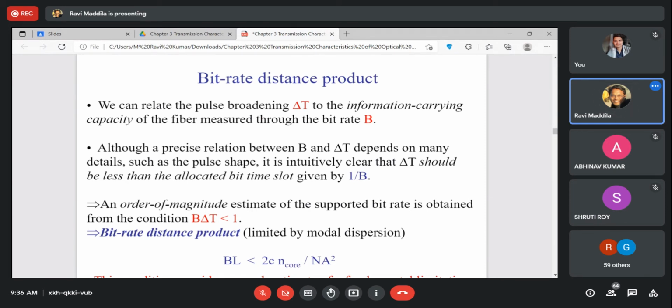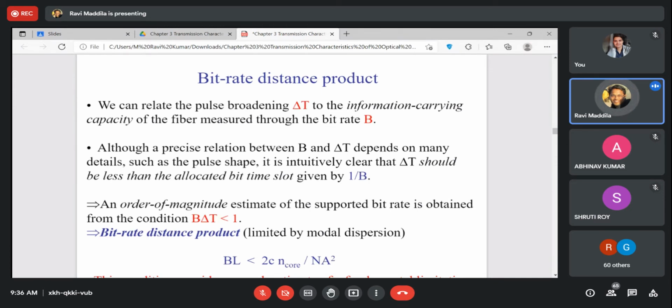In that case, there is splitting of the polarizations, which means different polarizations would travel with different velocities, and at the receiving end those would arrive at different times, and hence you would see it as a broadened pulse.